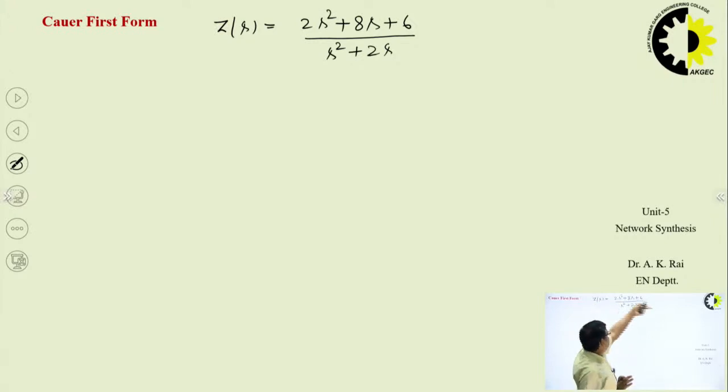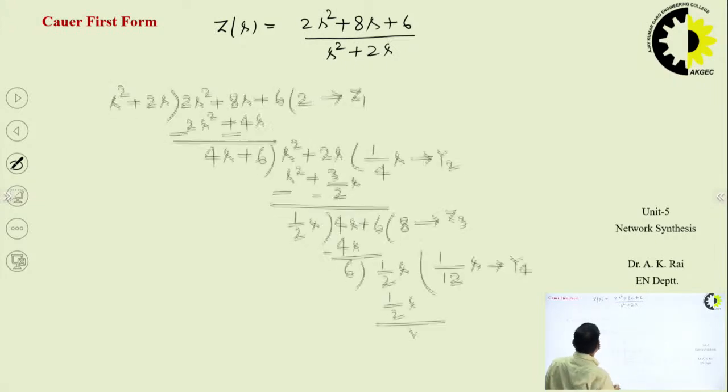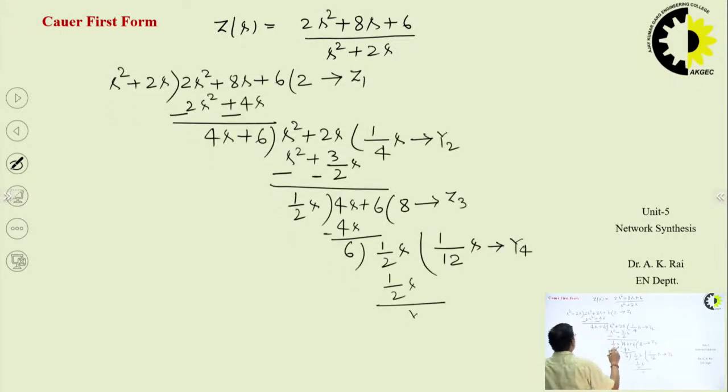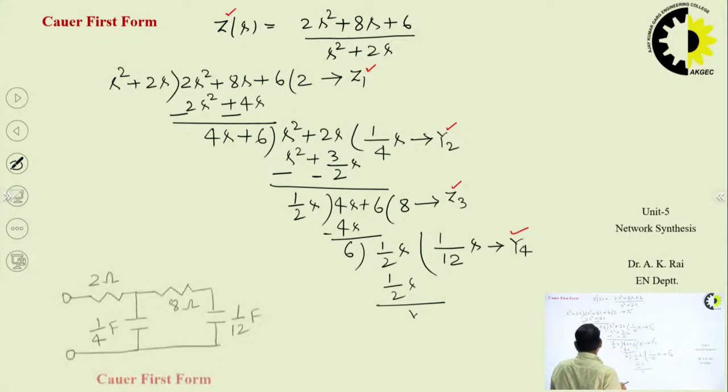Okay, so just arrange the polynomials in descending order and divide. Simple division. So if it is impedance, starting with the impedance, the first term will be the impedance, then we have the inverted, so this is the admittance, then impedance and then admittance, and we carry out the continued fraction expansion until we get the remainder 0.